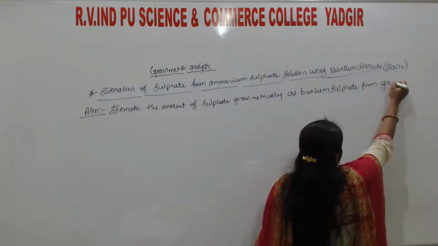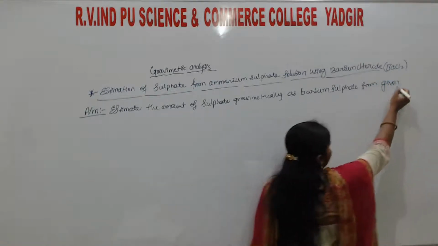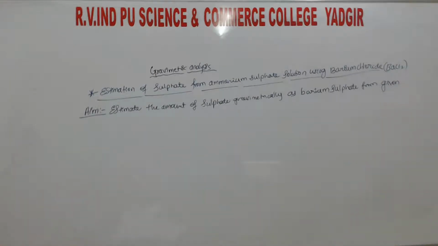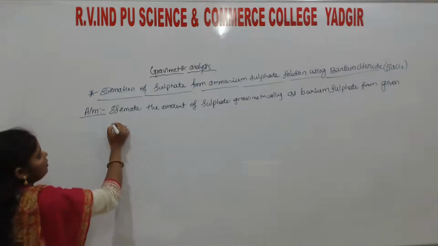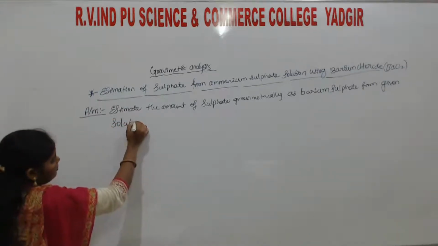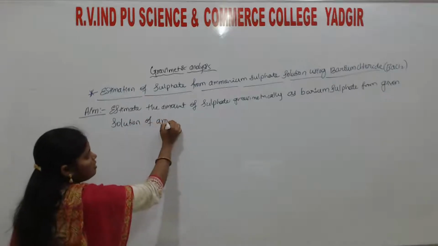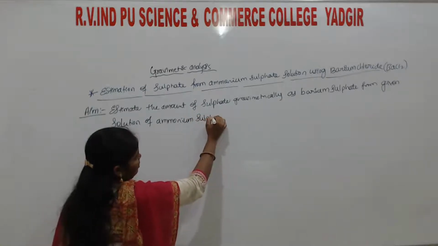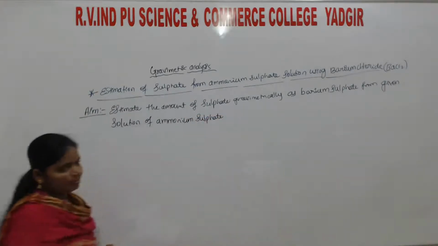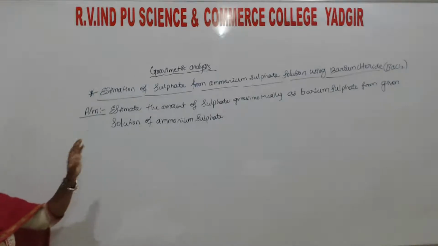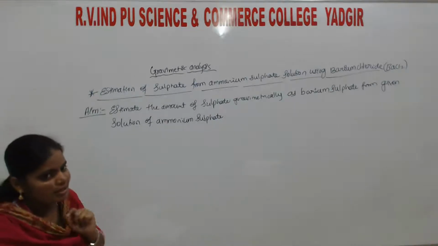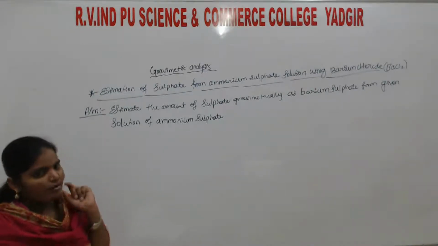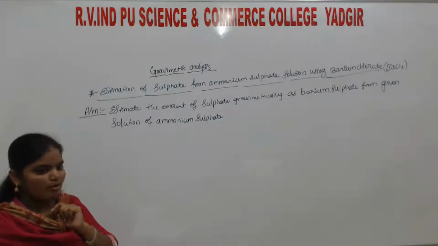From the given solution of ammonium sulfate. In the iron determination, you estimated iron from the given solution of ferrous ammonium sulfate.